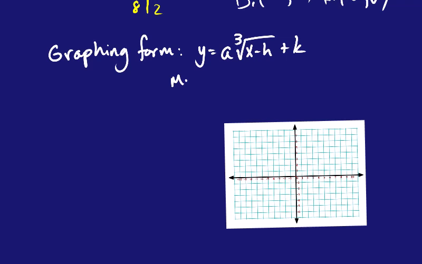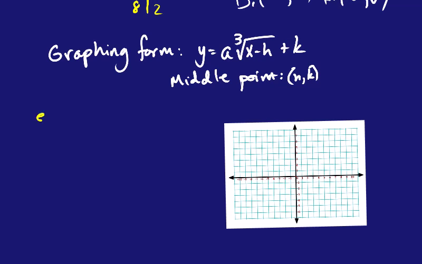The middle point of the graph can be found by figuring out what h and k are. That'll be your center point of that graph, where 0, 0 was on the first graph. And then you'll have to find more points by hand figuring out perfect cubes. So let's give it a shot.